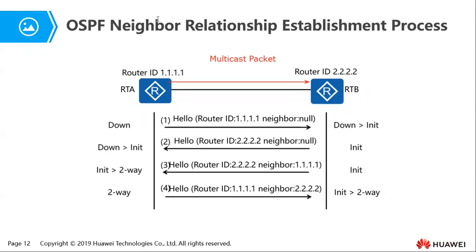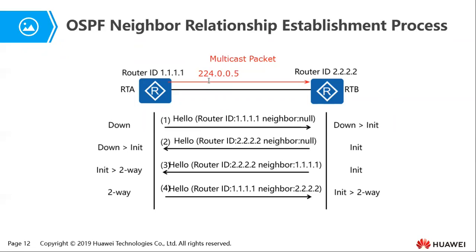This multicast packet is destined to all OSPF routers, all routers that have been configured to listen on OSPF. The destination is normally the multicast address 224.0.0.5. So I didn't mention that, multicast.